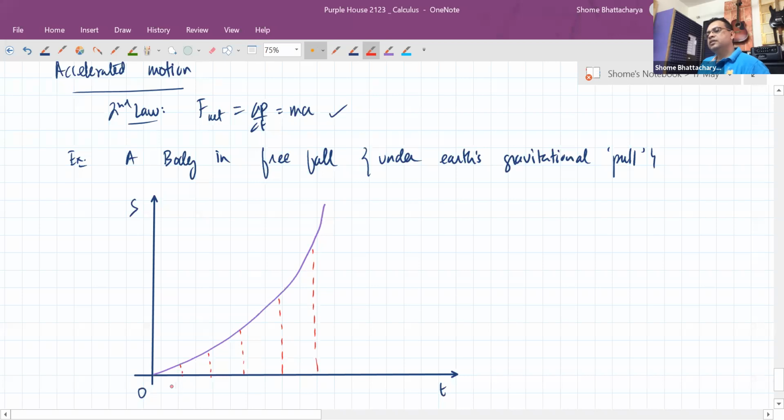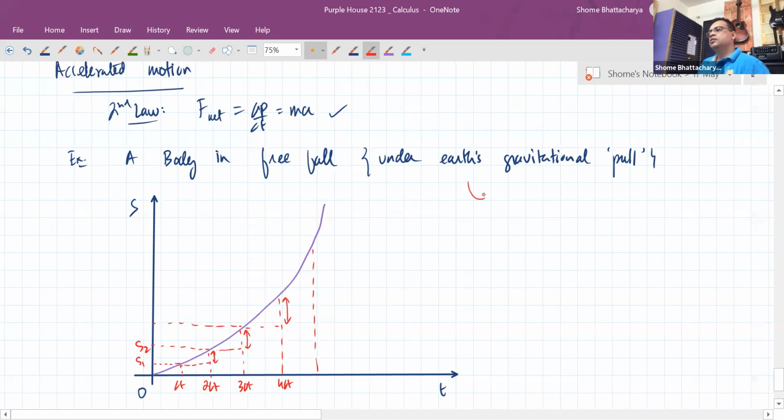So here, if I've taken this as delta t, 2 delta t, 3 delta t, 4 delta t, like this, you can see that the distances traveled are different. You can see these parts are increasing while the horizontal intervals remain the same.